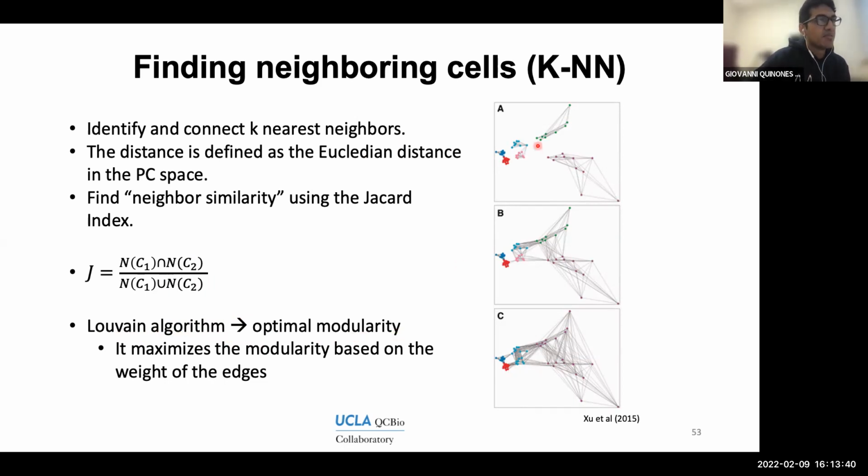This means that based on this graph and the weight of the different edges, this algorithm will find the clusters that maximize a score, guaranteeing clusters where the cells are more interconnected to each other using this information.